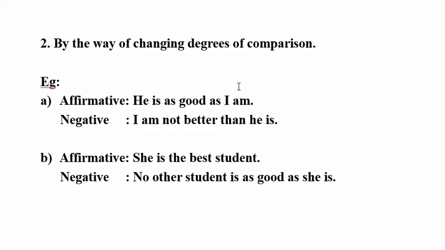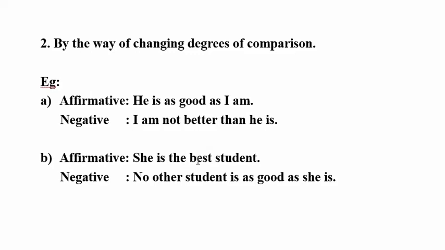In the sense, the meaning is not changed. Here, this good is a positive degree of comparison, while it changes into better, that is a comparative degree, while it changes into the negative form. But along with that, we use the negative term not, which doesn't change the meaning of the sentence but makes the sentence negative.